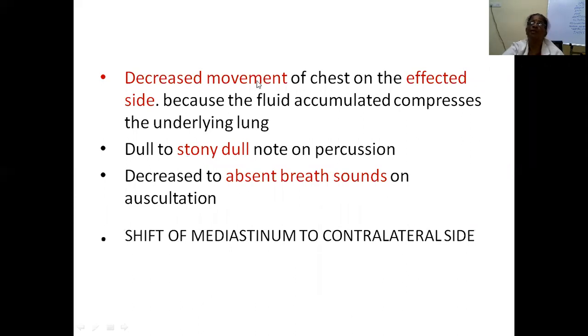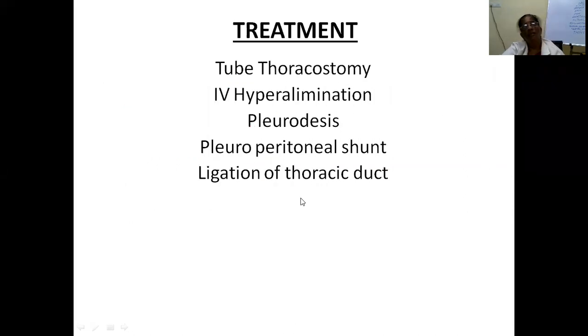There is decreased movement of the chest on the affected side. There will be a dull to stony dull note on percussion. There is absent air entry on auscultation. A shift of the mediastinum to the contralateral side if the fluid is more. Treatment is again the same, tube thoracostomy.